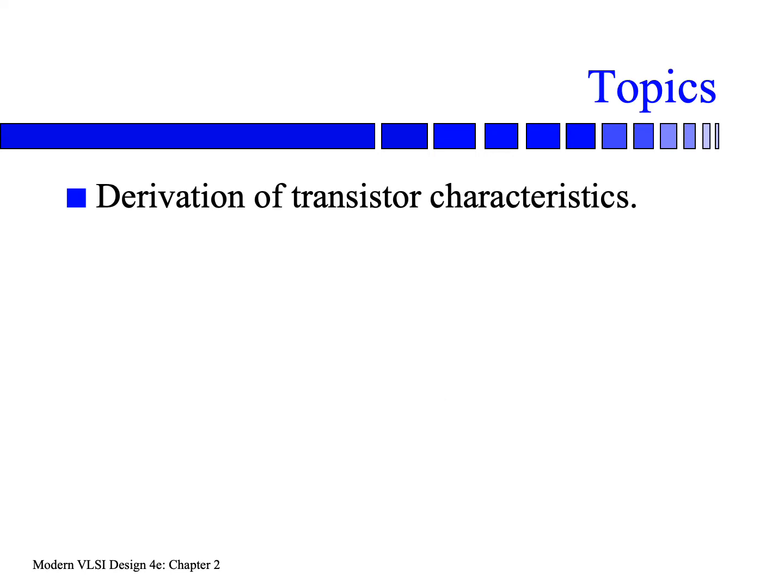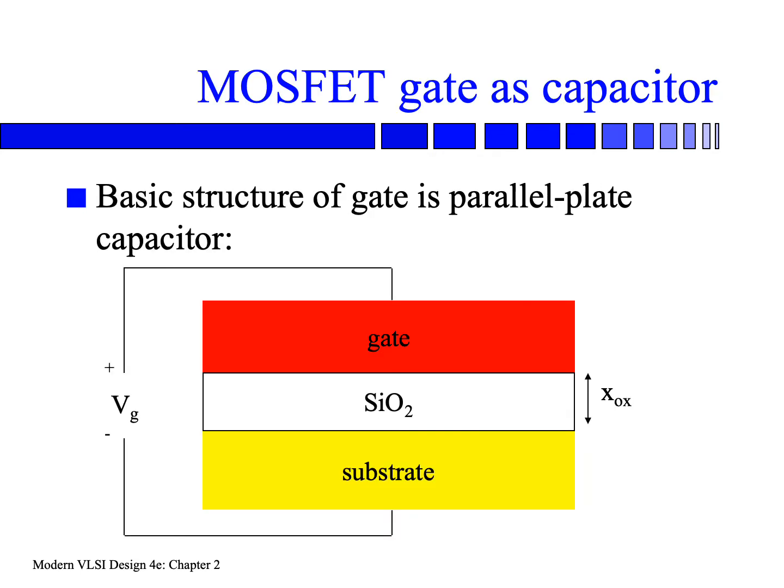Now let's first look at the transistor characteristics. As we know, CMOS consists of the gate, which is typically made of polysilicon. Then there's a substrate, and in between is silicon dioxide, serving as the insulator.